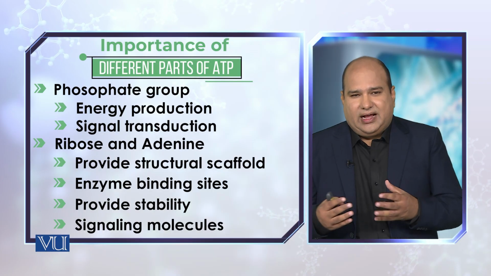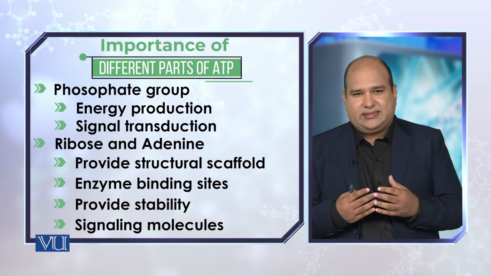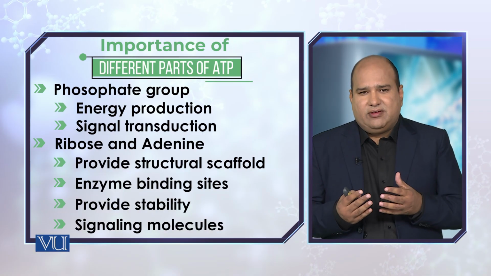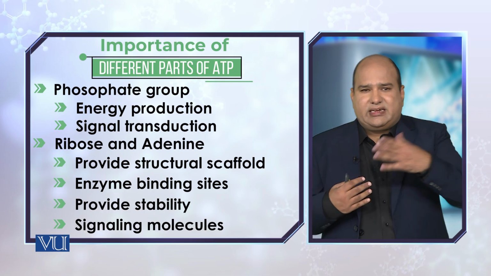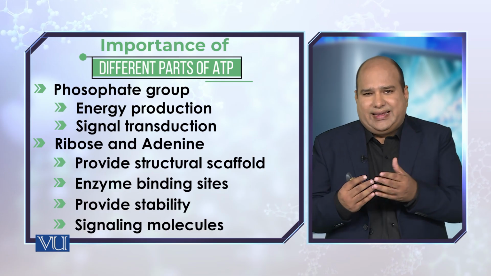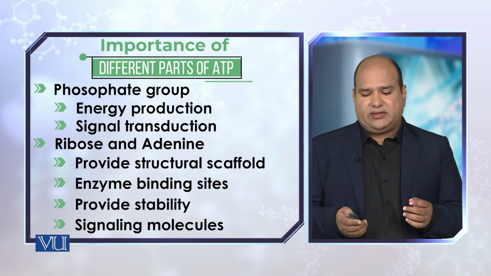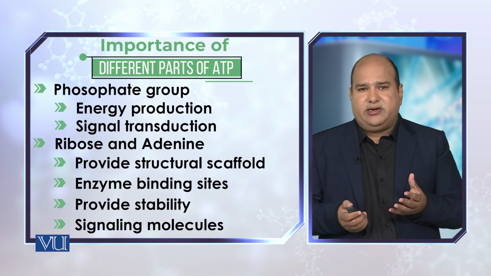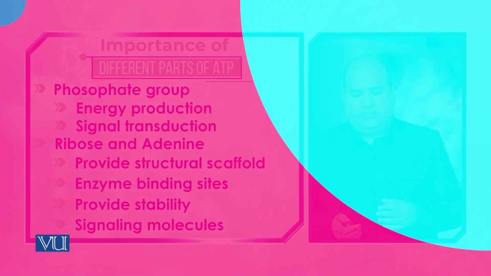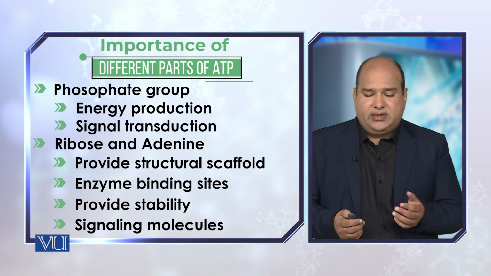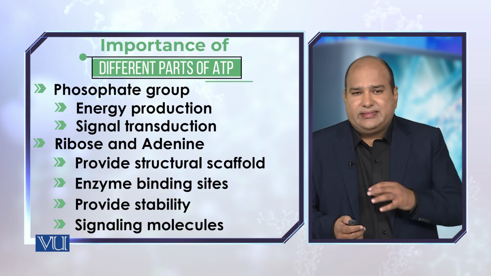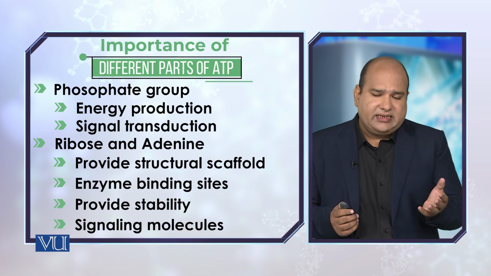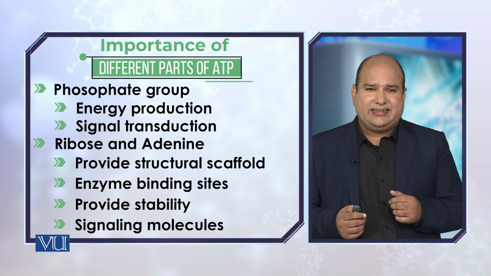These two components, the ribose and the adenine, also provide binding sites, so that any enzyme acting upon the phosphate bond can rest on something to do its function. They give overall stability to the whole molecule, and both ribose sugar and adenine can individually also act, in certain cases, as signaling molecules.